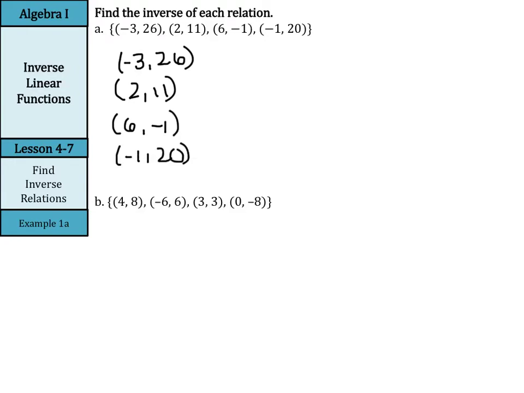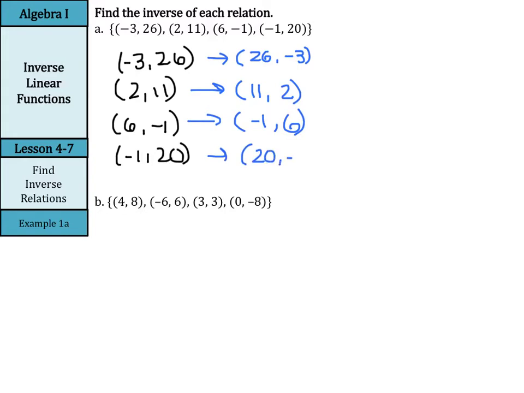Now, as these become inverses, notice how (-3, 26) is going to be (26, -3). (2, 11) is going to become (11, 2). Notice how we're just exchanging (6, -1) and (-1, 20) as well.